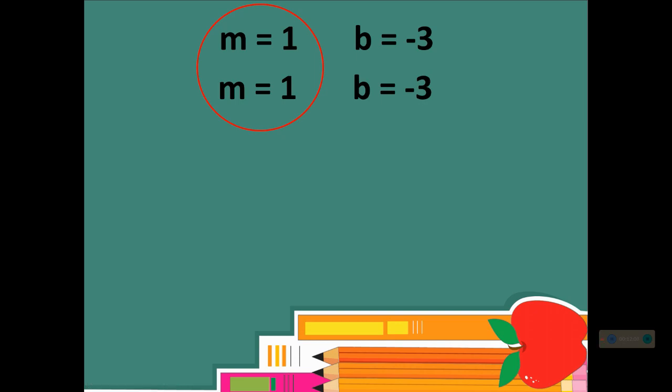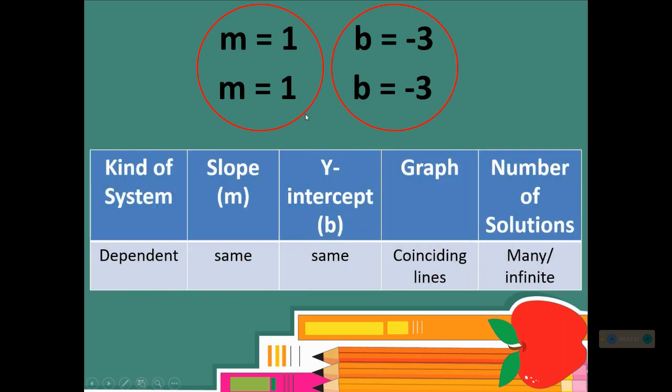Yes, they are the same. And our b? Yes, they are also the same. So by simply observing the values of m and b, which are the same, same slope and same y-intercept, the kind of system will be dependent. The kind of graph will be coinciding, and there will be many or infinite solutions.